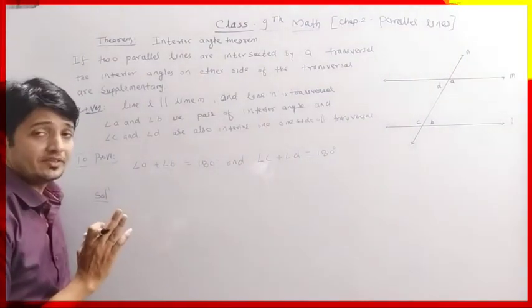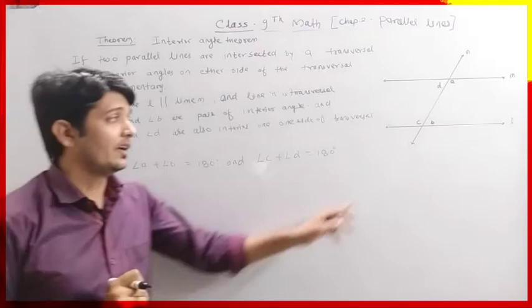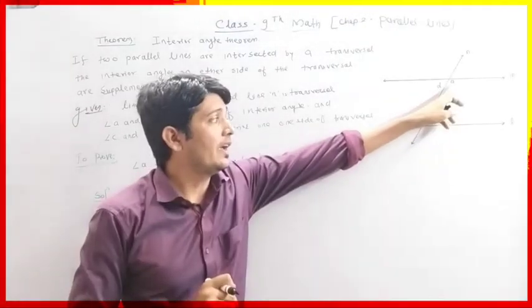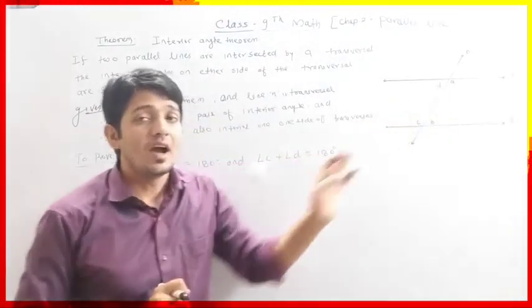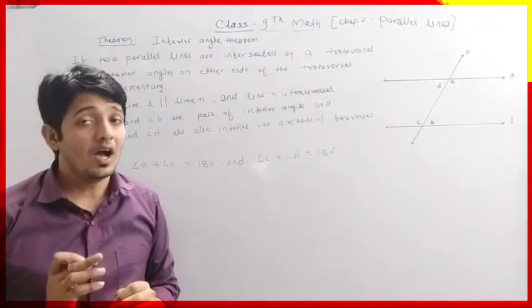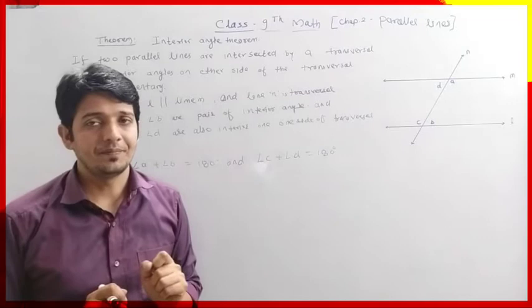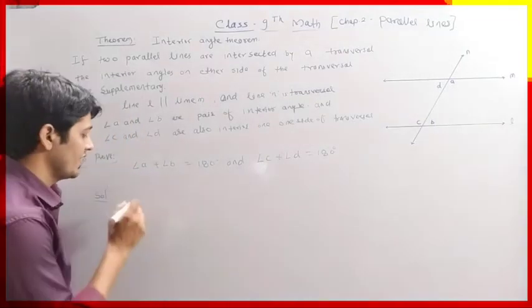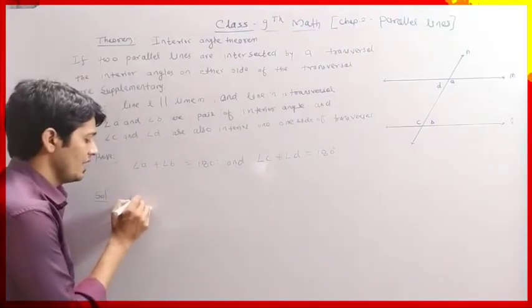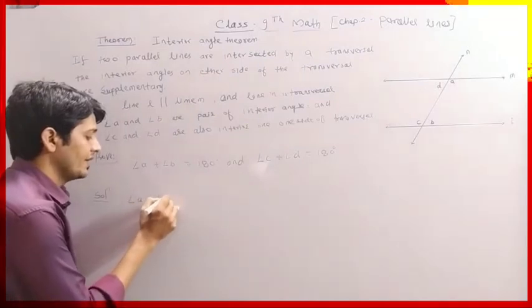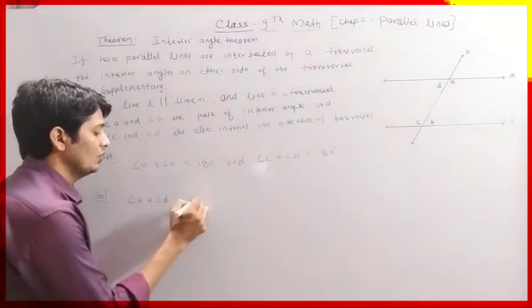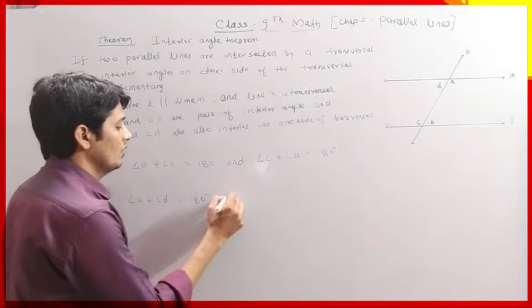So as we can see here, angle A and angle D are 180 degrees. How? They are formed by a linear pair of angles. By the linear pair of angles, what will happen? Angle A plus angle D equals 180 degrees. How?